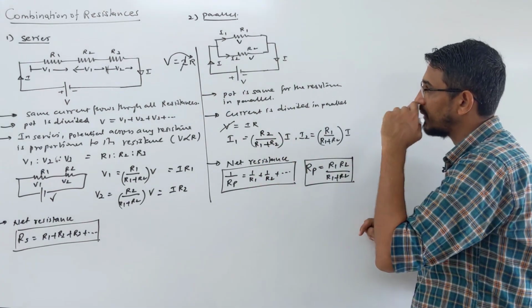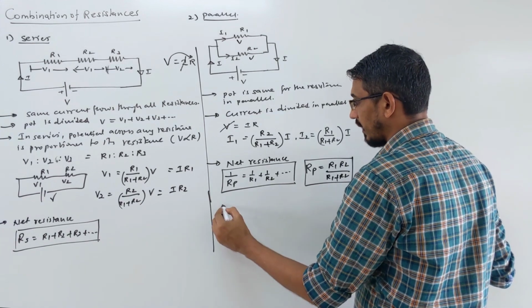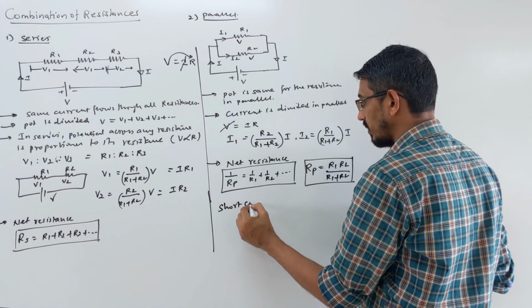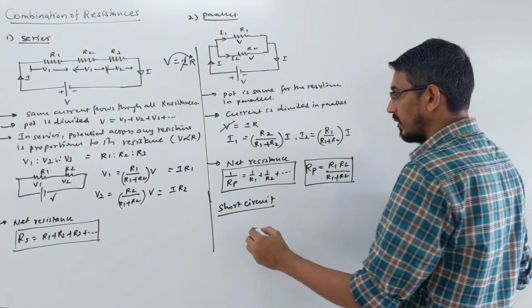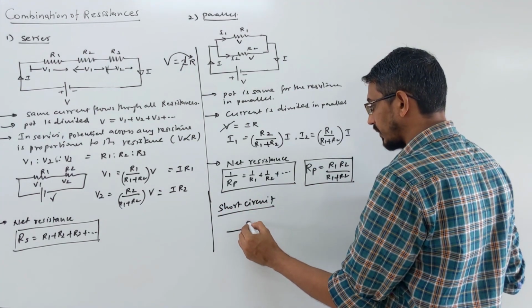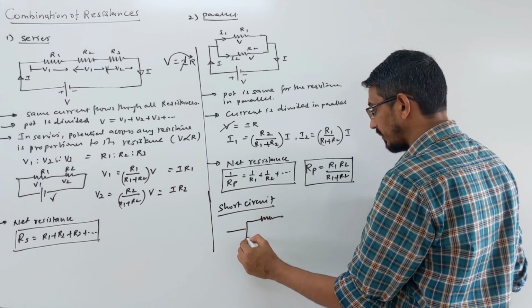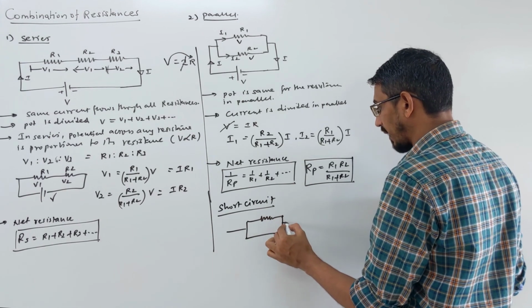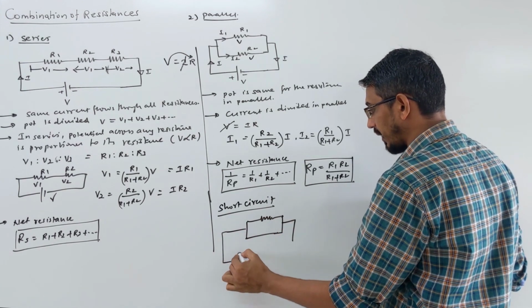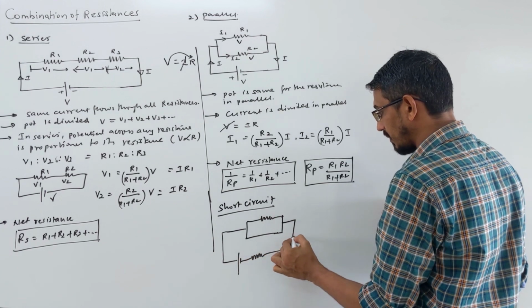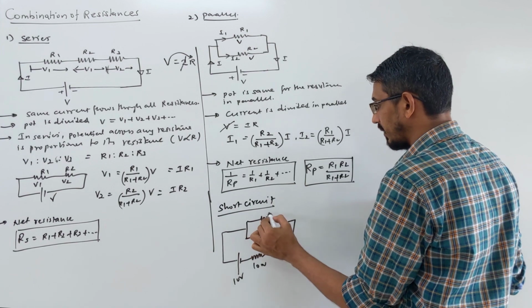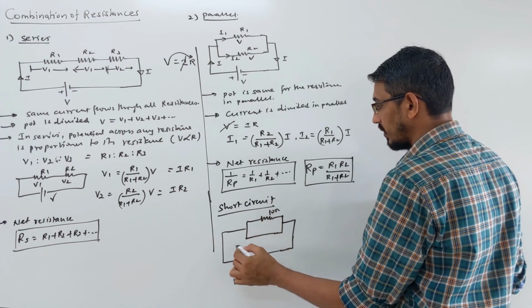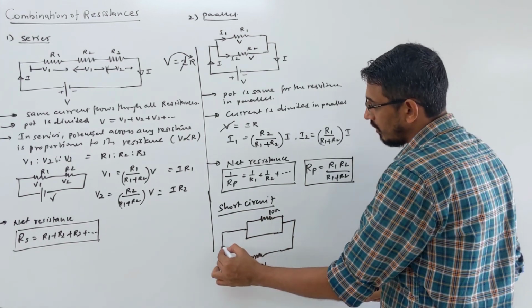Short circuit means some wire is connected, and a short circuit is always connected in parallel. Suppose you have a resistance and you connect a wire in parallel. This is a 10 volt battery, this is a 10 ohm resistance, and this is a wire.